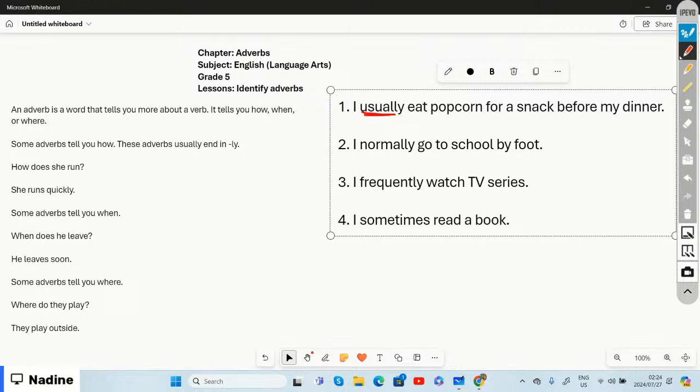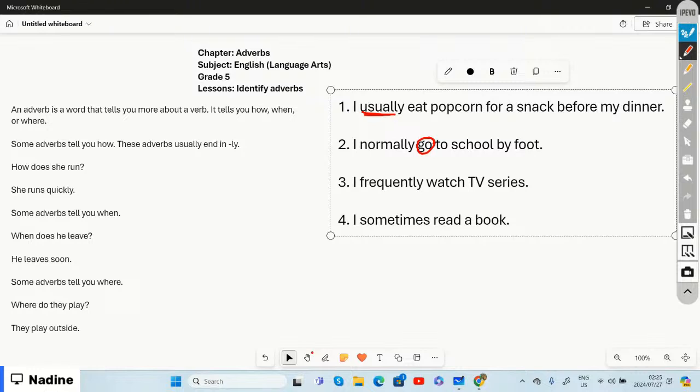I normally go to school by foot. What is our adverb within the sentence? Here's our verb, go, right? What is the word that tells us about that verb?